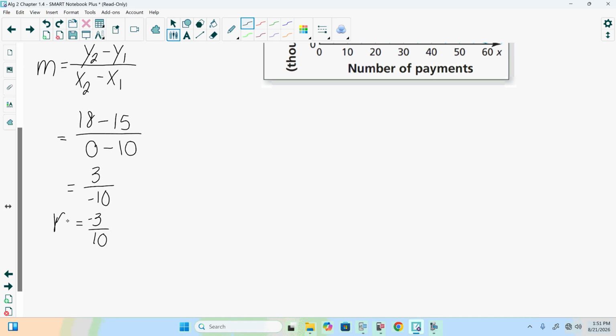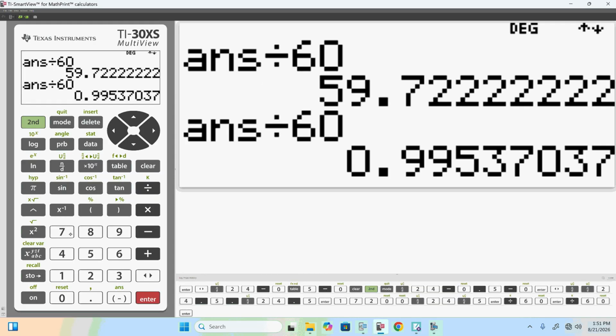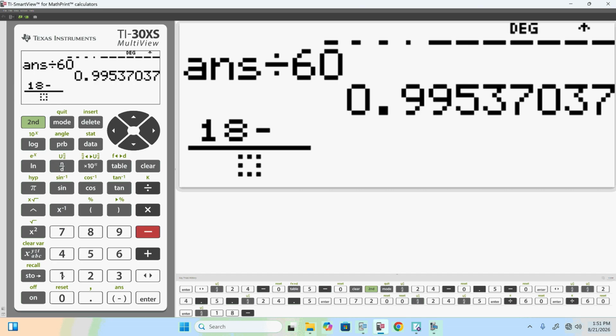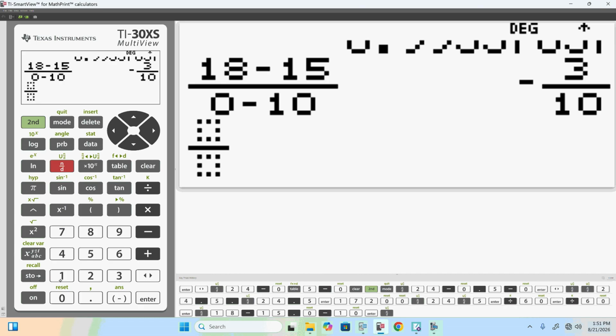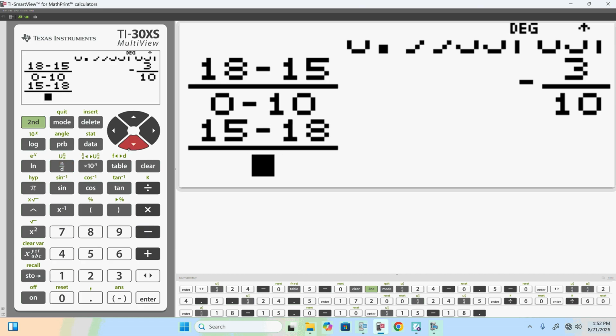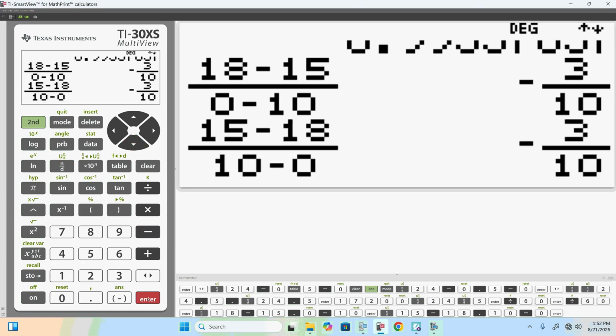So we get the slope as negative 3/10. Either way, we still get negative 3/10.